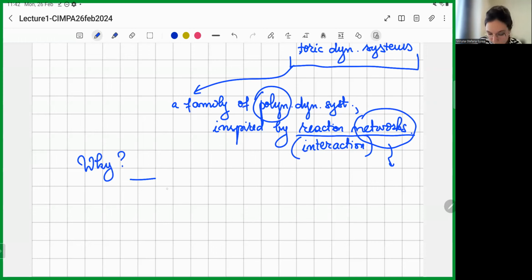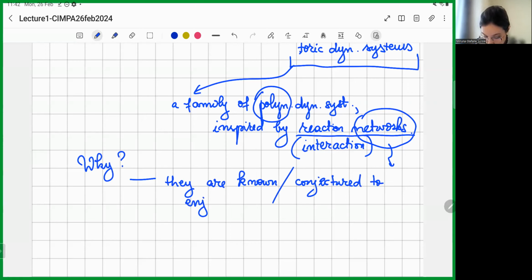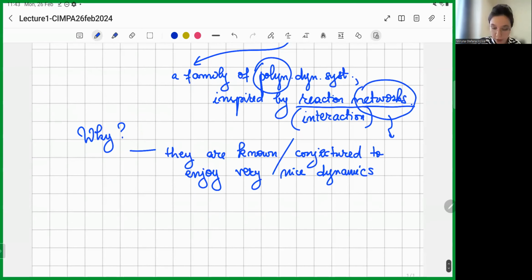First reason, because these systems are known and sometimes conjectured, we will see why I say this, conjectured, to enjoy very nice dynamics, so like long-term dynamical properties. Long-term dynamical behavior is very nice.